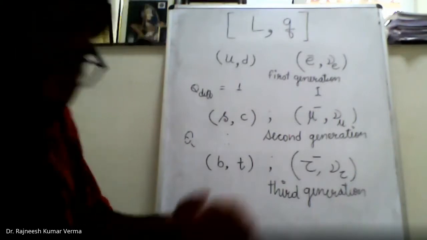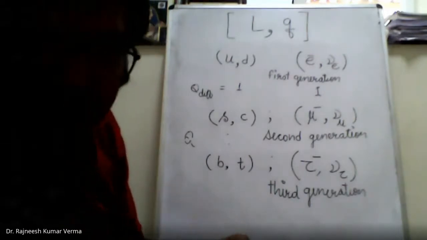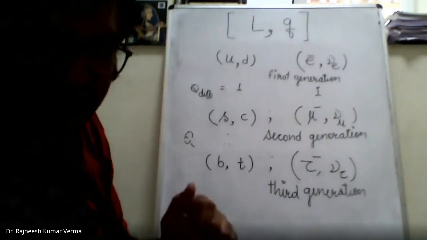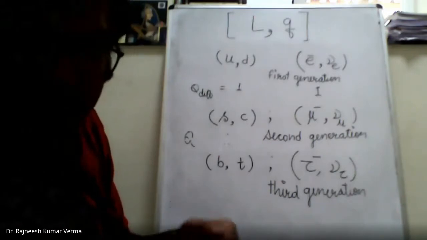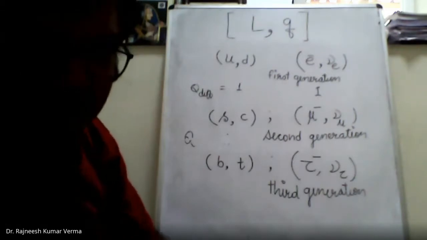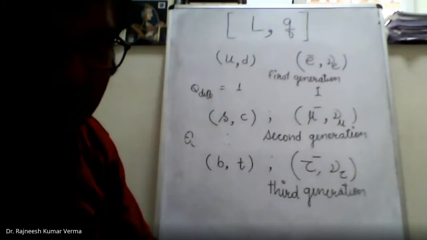How did the several generations take place? In the first generation, we had only up and down quark and electron neutrino. And the second generation had strange and charm quark, and in lepton family, we have mu minus and nu mu.